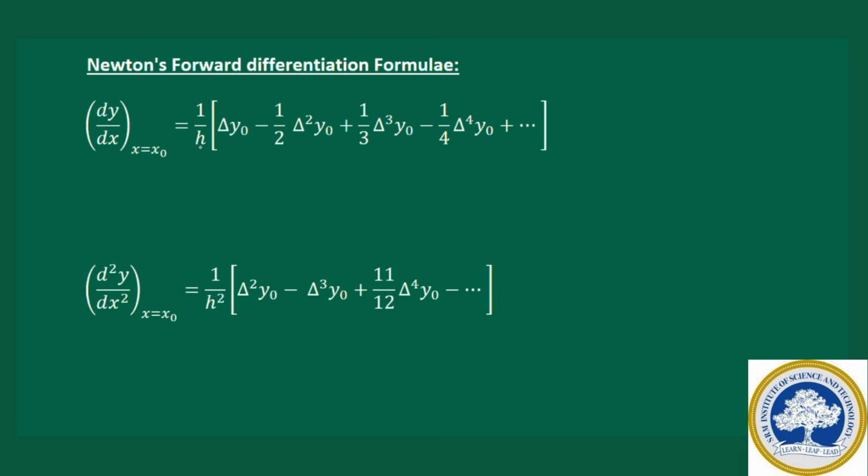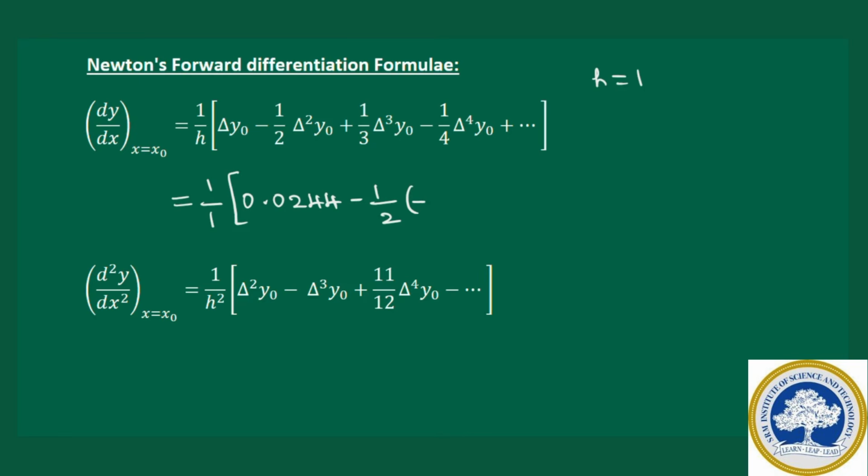H is equal to 1, the interval length of x from the given data. Since h is 1, we get 1 into delta y naught, and delta y naught from the table is 0.0244.